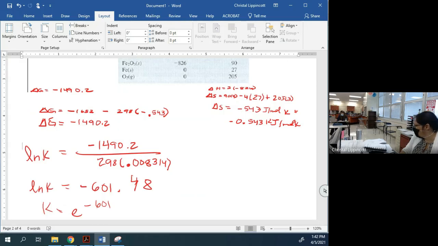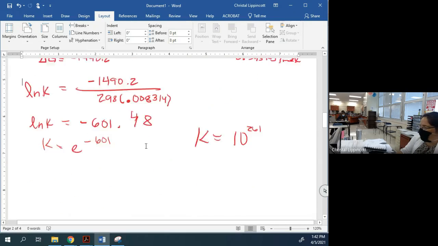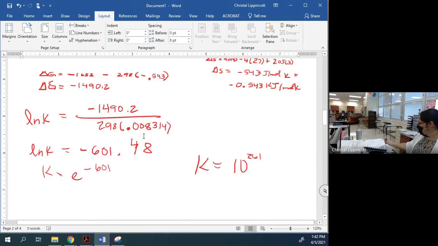So our K value, K equals 10 to the 261st, which is a ridiculous number. Okay, so who knows what that is, but we'll just leave it at that. That's a lot of zeros to write out, right? Thank goodness for scientific notation. Okay, so questions on how to do those? Does that make sense, how those work?